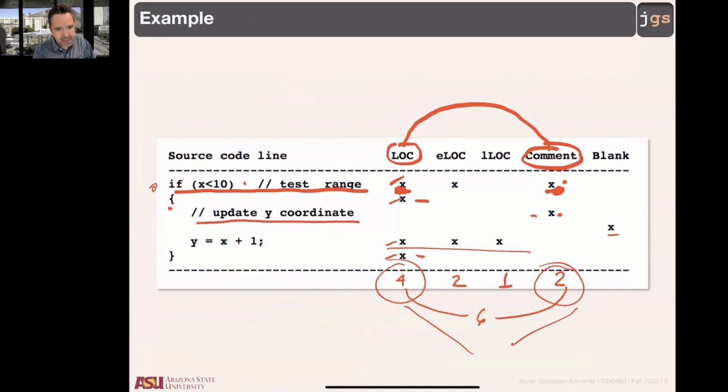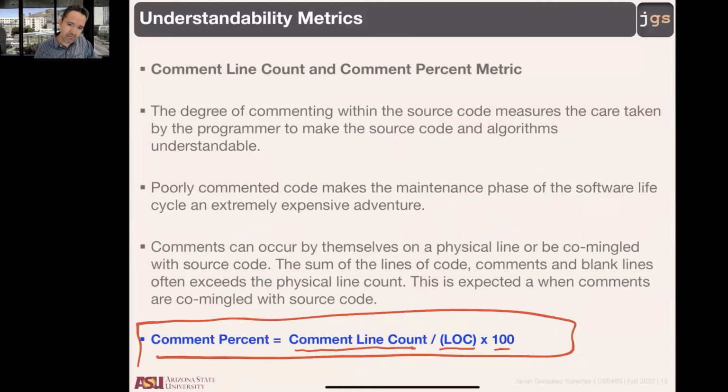The percentage, the relationship is comments, lines of code, half of the program is comments, right? 50% of lines of comments. That is what the number is going to tell me about my previous example.